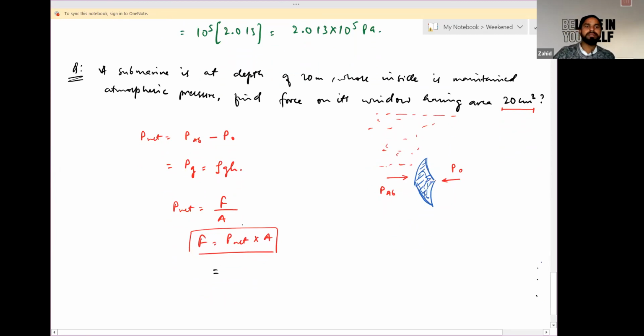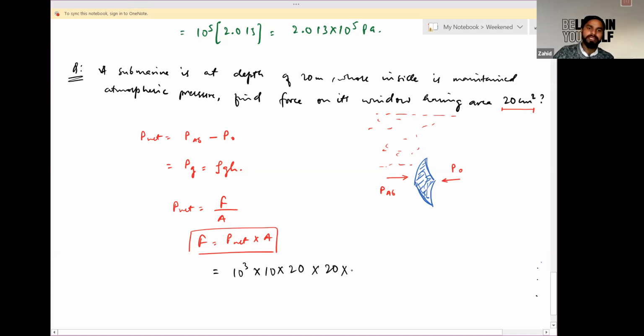For gauge pressure, rho is density of liquid, so it will be 10 to the power 3. G is gravity, which is 10. H is column of liquid, which is 20. So this will be your net pressure acting on window pane, into area of cross section is 20 centimeters square.